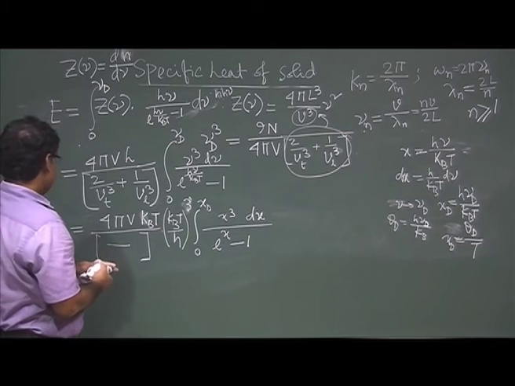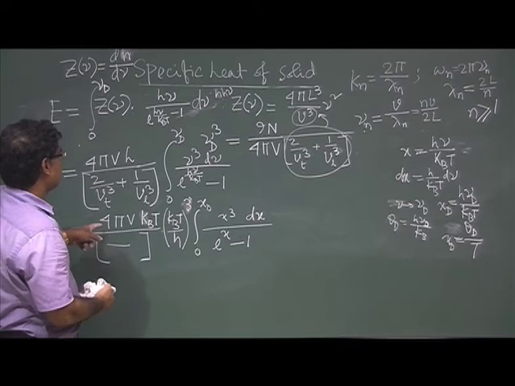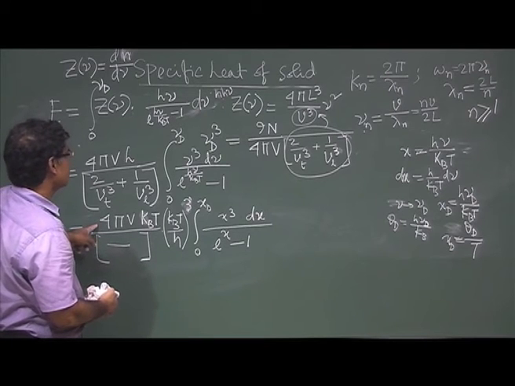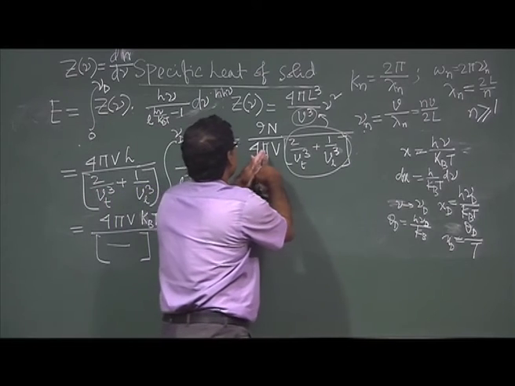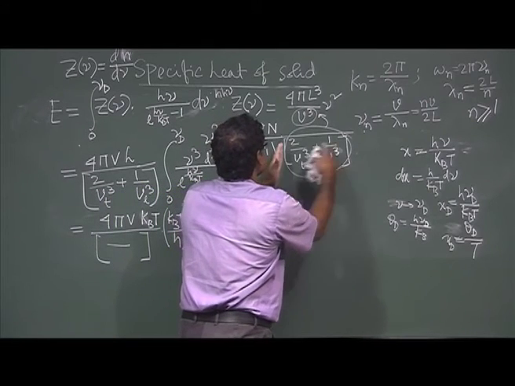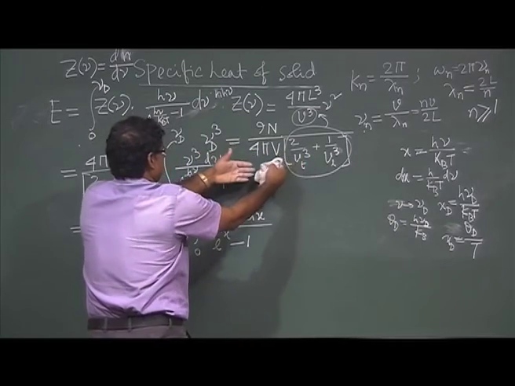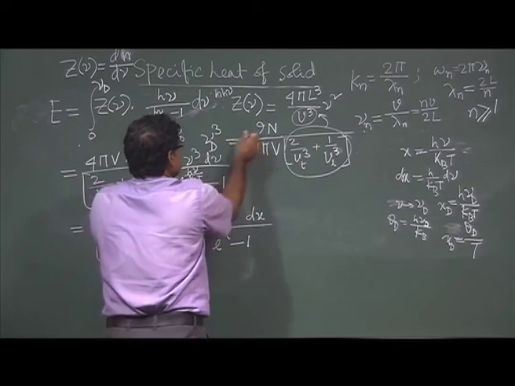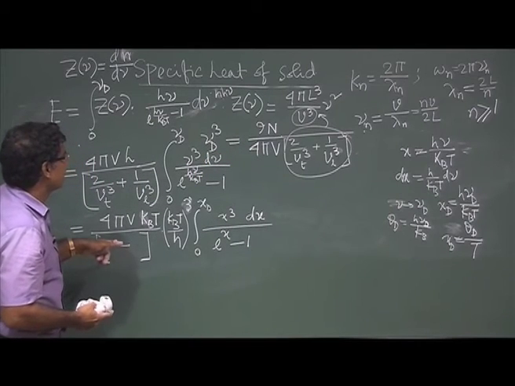Okay. Now, you see this part, 4 pi v into this. If you take this side, it is equal to 9 n by nu d cube, right.